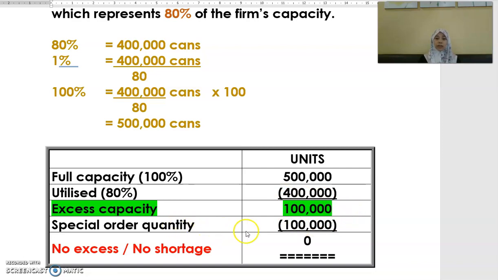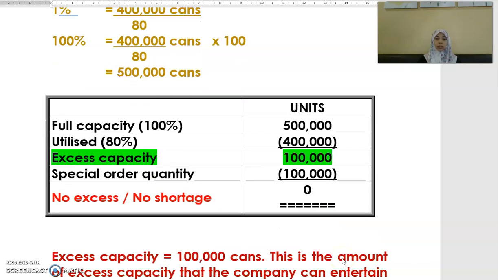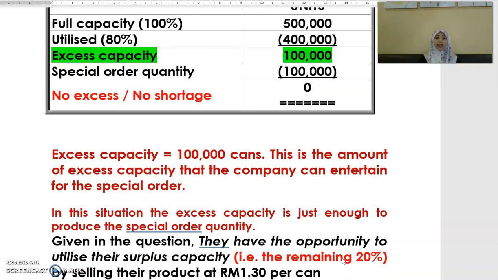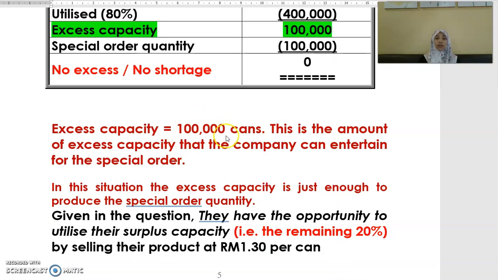So, if you accept that special order, the special order quantity is 100,000. So, there will be no more shortage or excess. That excess capacity of 100,000 cans represents the amount of the special order that the company can entertain.